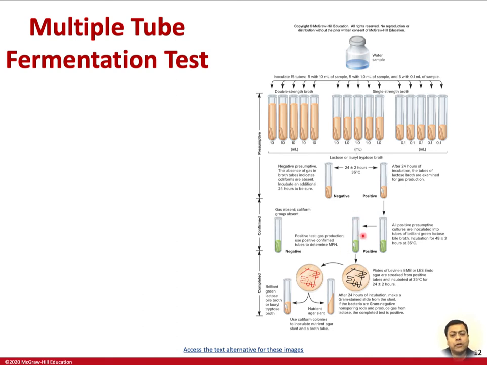So at that time, you take this organism and plate it onto either of two types of plate. One could be EMB, which is the eosin methylene blue agar plate. The EMB plate contains lactose as a sugar, and it's a differential and selective media. EMB will only allow the gram-negative bacteria to grow.